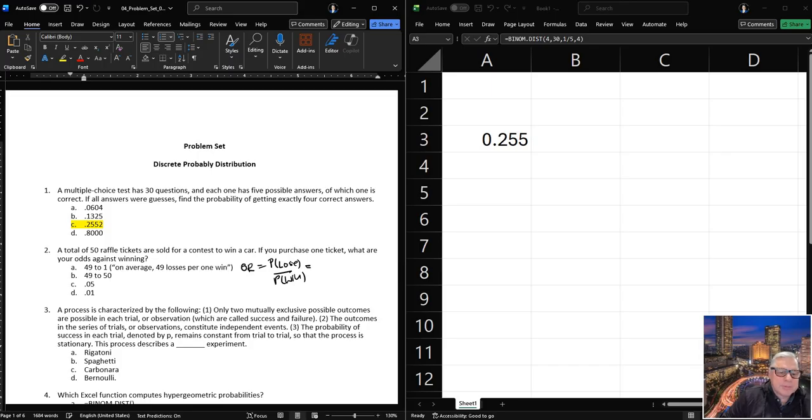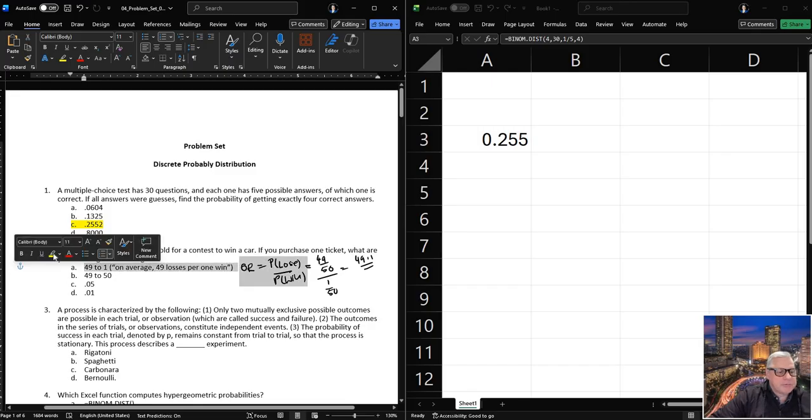The probability of losing is 49/50. The probability of winning is 1/50. So now the 50 cancels out and we get 49/1. But that maybe should have been in a different topic.